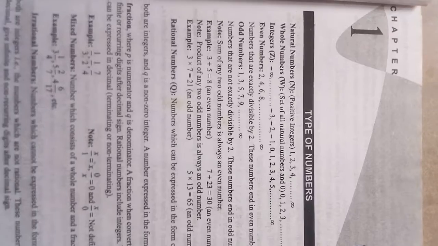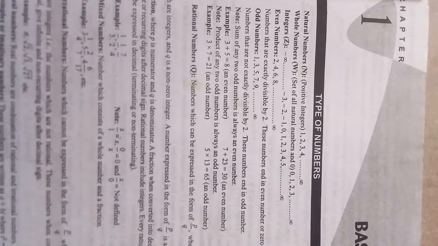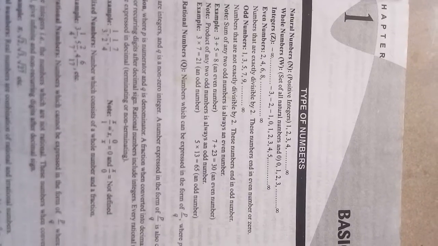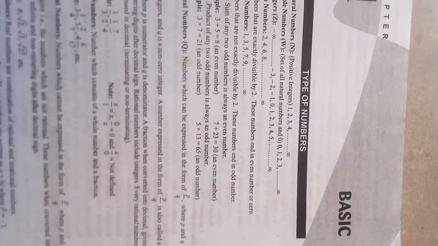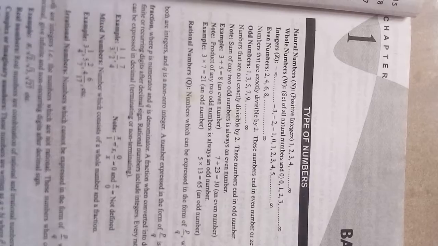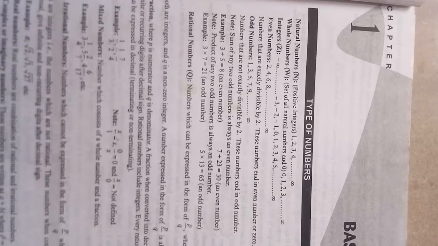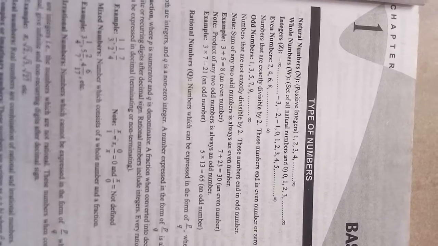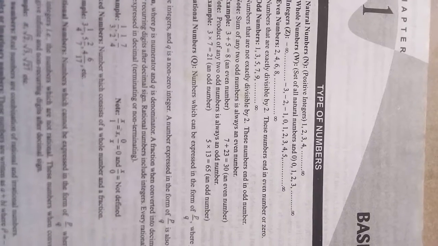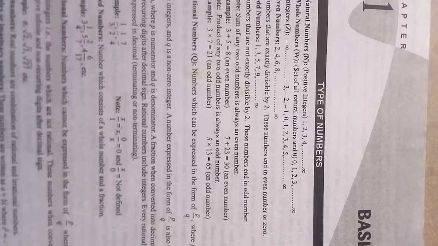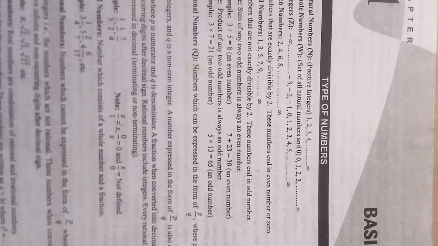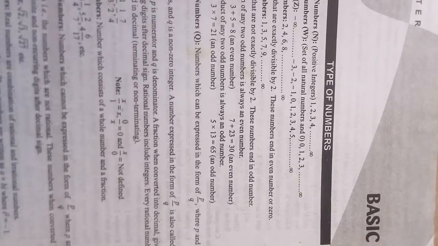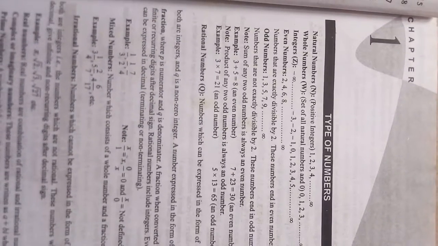Next, rational numbers. Rational numbers are represented by Q, numbers which can be expressed in the form of p by q, where p and q are both integers, and q is a non-zero integer, meaning the q value should not be equal to 0. A number expressed in the form of p by q is called a fraction.